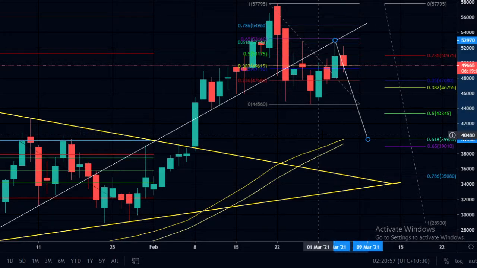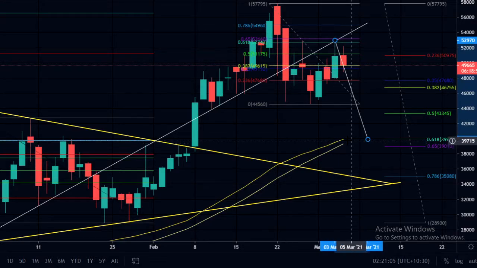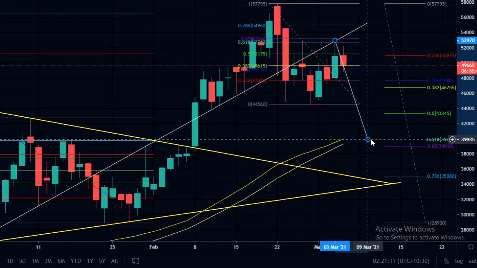Also we have the 50 daily moving average here and the 50 exponential moving average on the daily. We can see there is some confluence with these levels. So we'll be watching this chart also closely, and this level is around 39,935, and this price could differ on the spot price compared to the futures price.